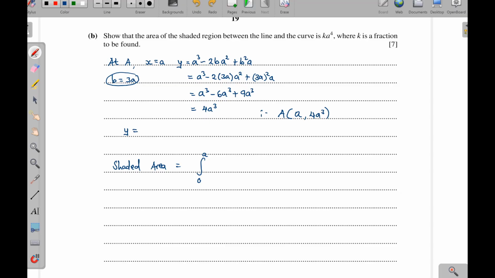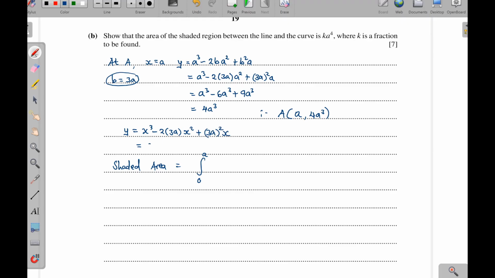So let me take this one down, and then I say if we have y which is equal to x cubed, then minus 2b, remember b is 3a. I'm substituting here for b, then we have x squared, and then plus 3a, that is b squared, times x.